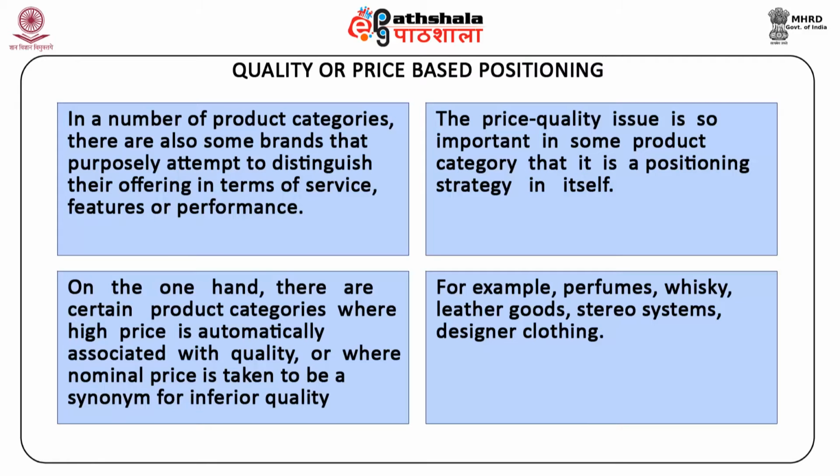Manufacturers of such brands charge more, partly to cover higher cost and partly to communicate that they are of higher quality. Such brands should be positioned based on the price quality approach to communicate that higher price and superior quality go together.